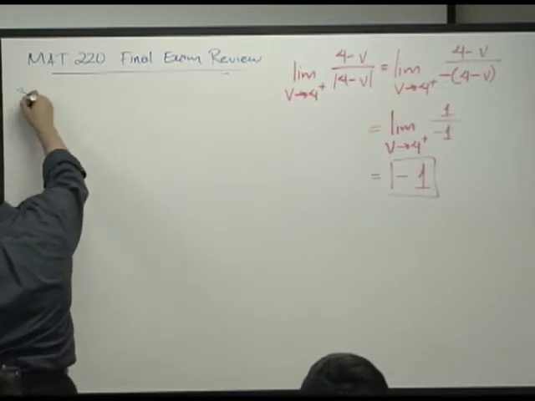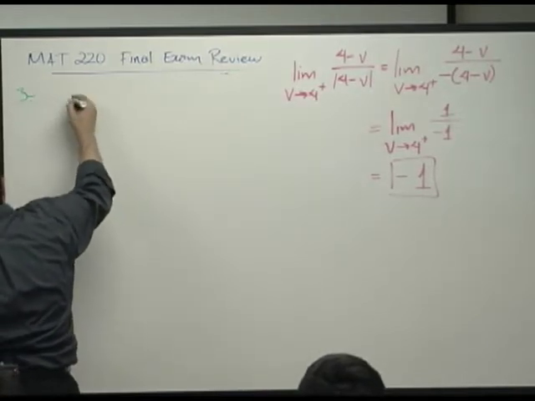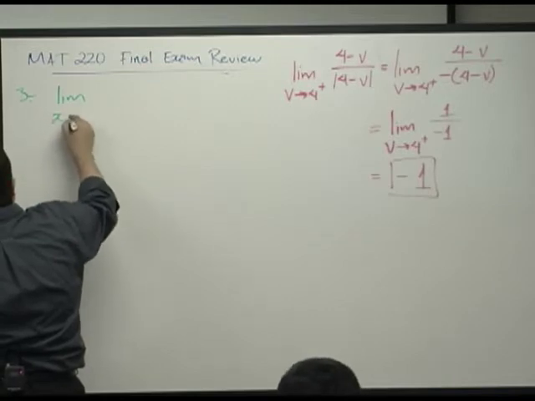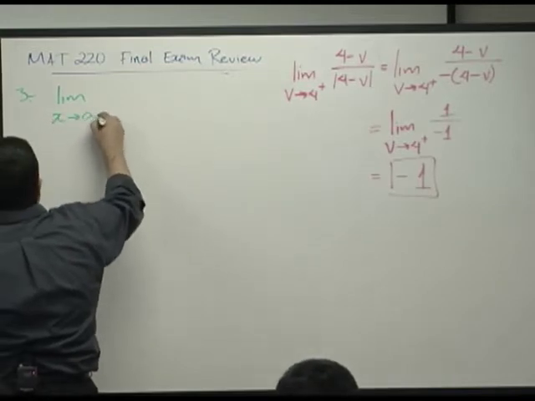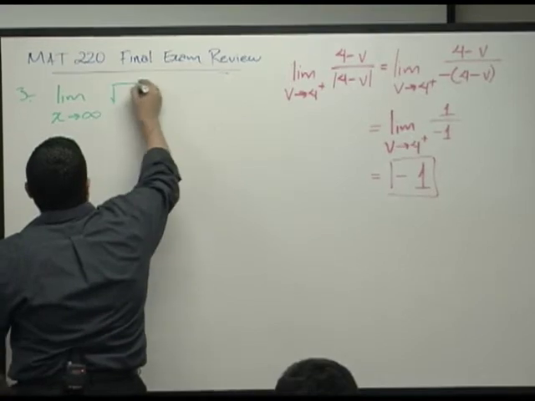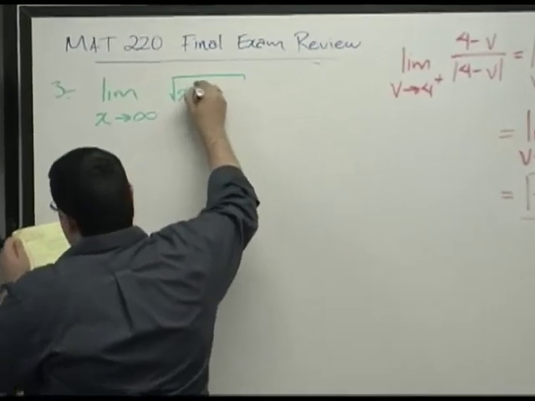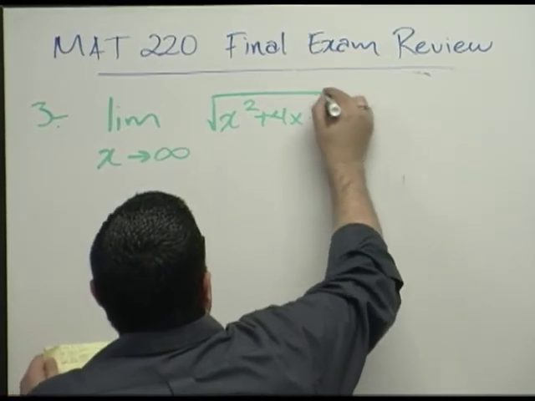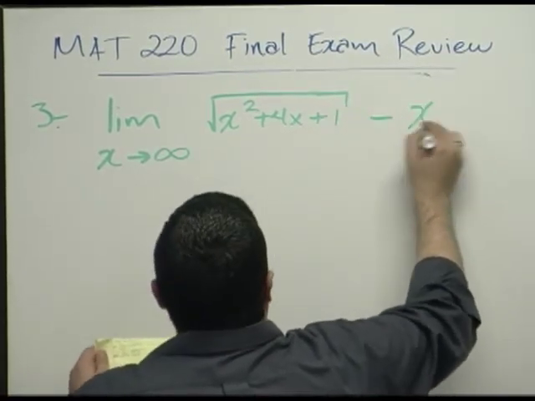So here's another limit, another kind of limit you see. In this case, looking at the limit as x goes to infinity of the square root of x squared plus 4x plus 1 minus x.